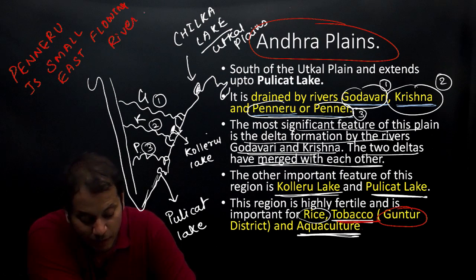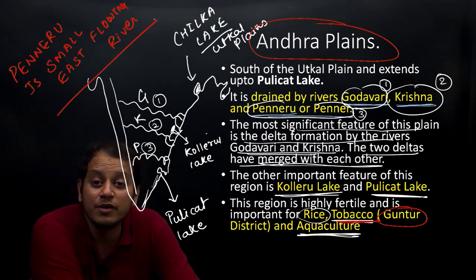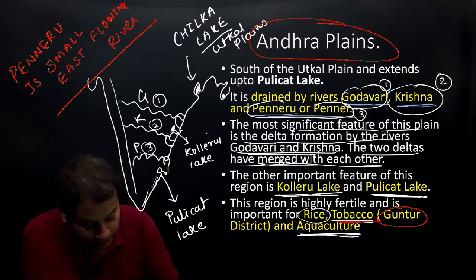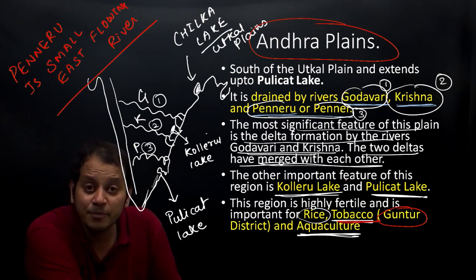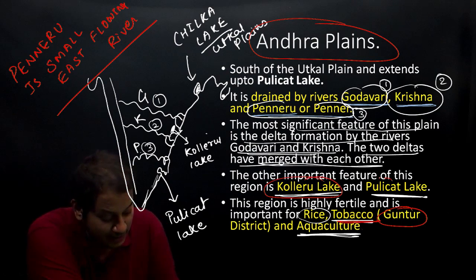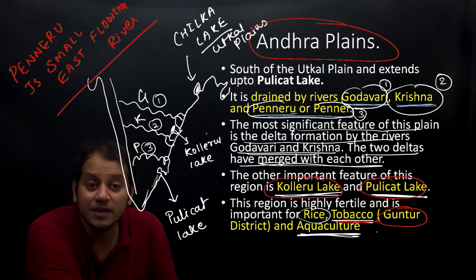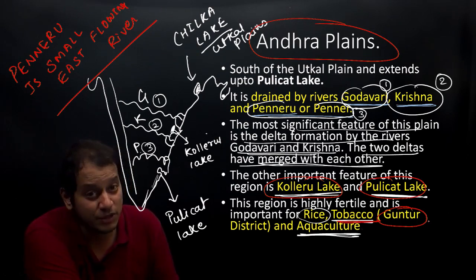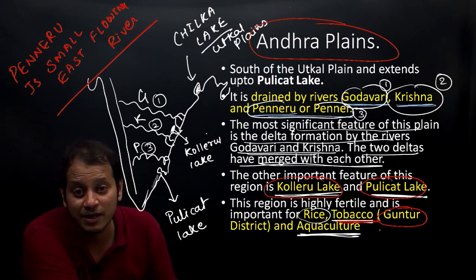It is an important river. It is neither a tributary of Godavari, nor a tributary of Krishna. Then the other important feature is Kolleru Lake and the Pulicat Lake. This region is famous for rice, East Godavari, West Godavari districts, Guntur and aquaculture.